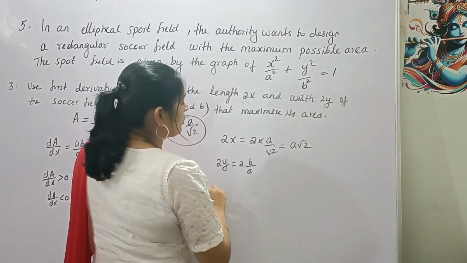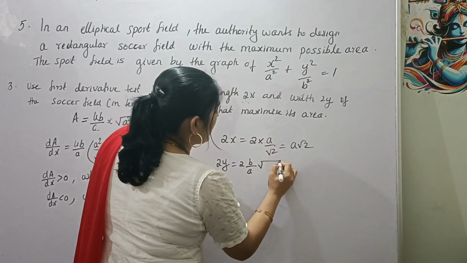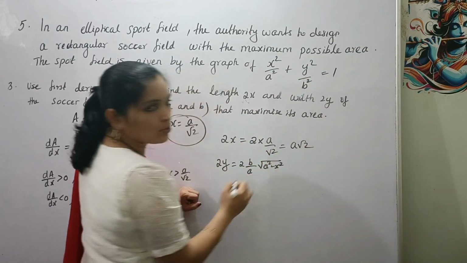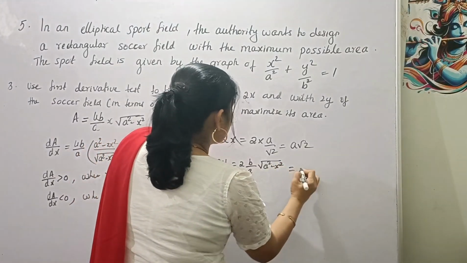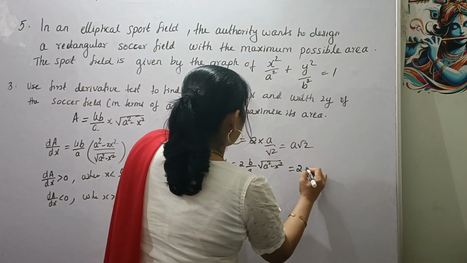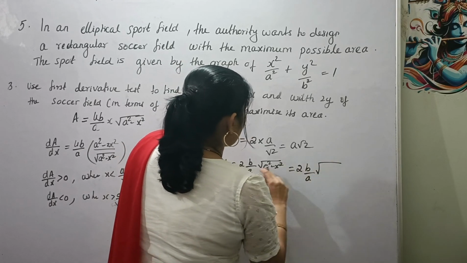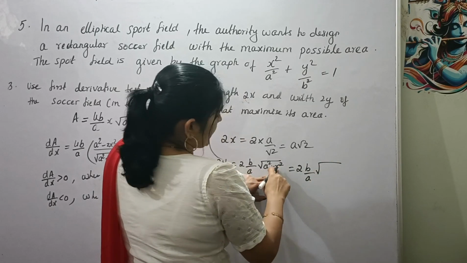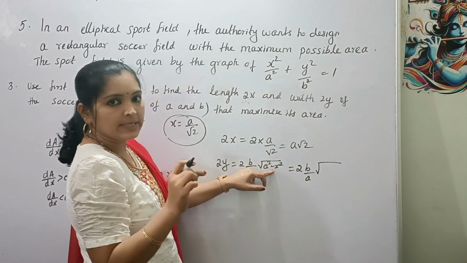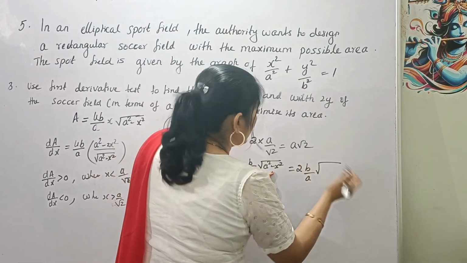From this equation we will get y. So 2y is 2 into b by a root of a square minus x square, that is equal to 2 into b by a root of a square minus, substituting x is equal to a by root 2, a square by 2.